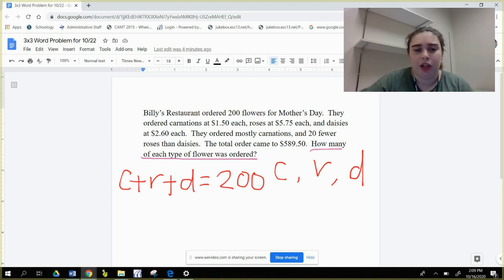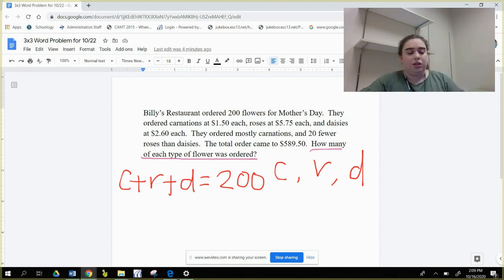Next it talks about the prices for each one of them. Then it says they ordered mostly carnations, so most of that 200 was carnations. And then it says they ordered 20 fewer roses than daisies.